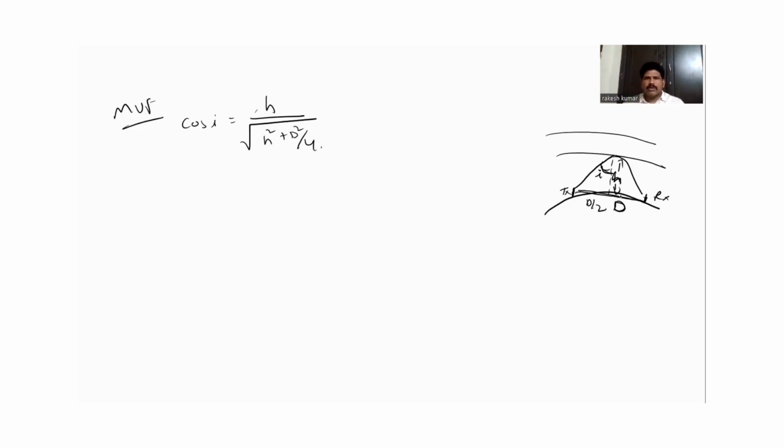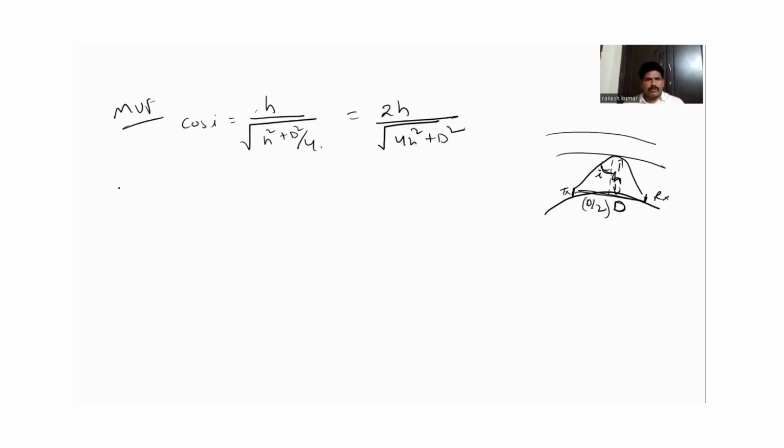If you take the LCM, I can write it as 2h by root of 4h square plus d square.